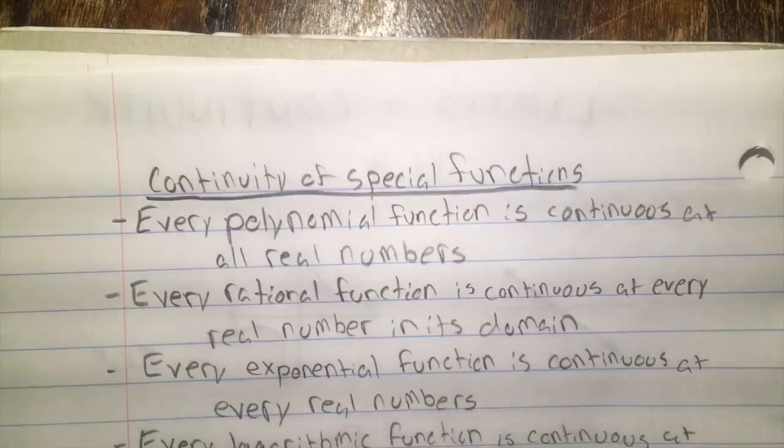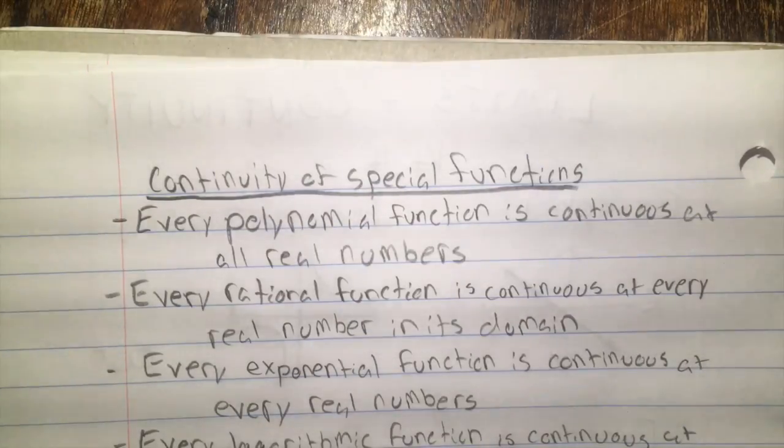Now we're going to discuss the continuity of special functions. First of all, every polynomial function is continuous at all real numbers. No matter what the highest degree is, and no matter what the coefficients are, it's always going to be continuous at all domains.